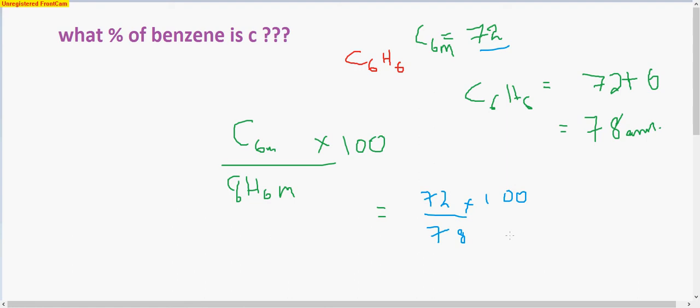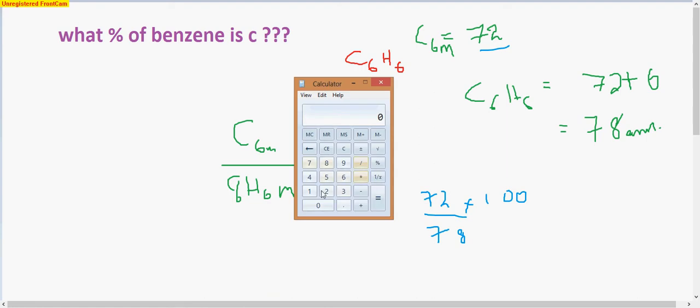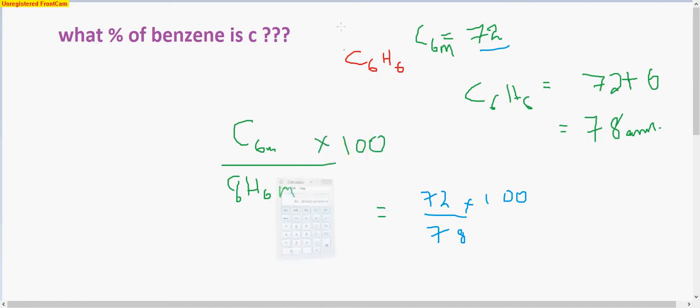Now I need my calculator. 72 divided by 78 into 100 is 92.3. So 92.3 percent of benzene is carbon.